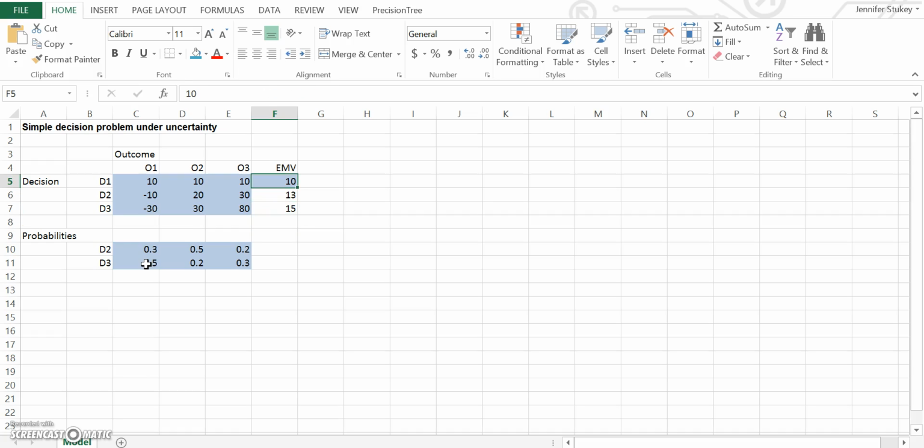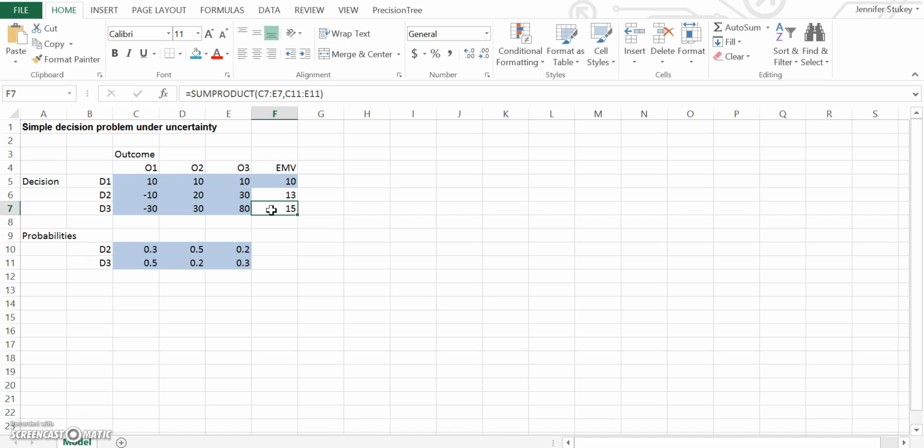So we have an expected monetary value of $10 for decision 1, $13 for decision 2, and $15 for decision 3. So if we chose based on expected monetary value, we would want to choose decision 3 because it has the highest expected monetary value.